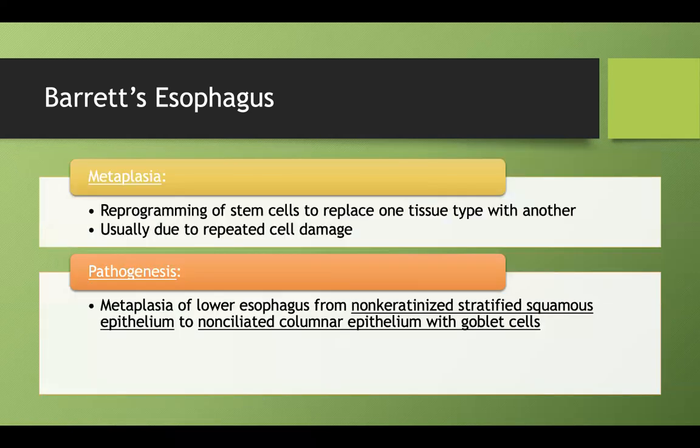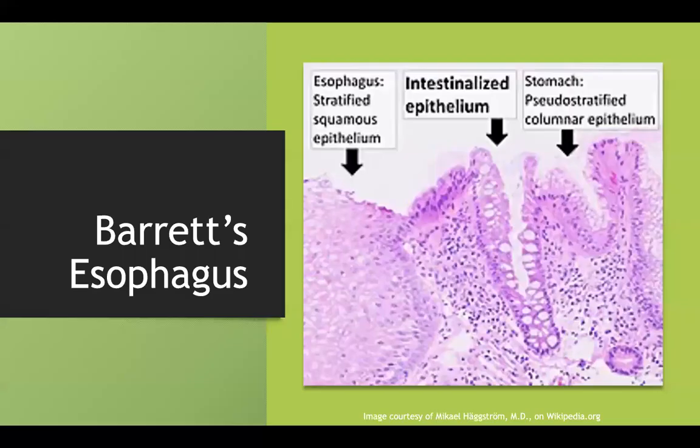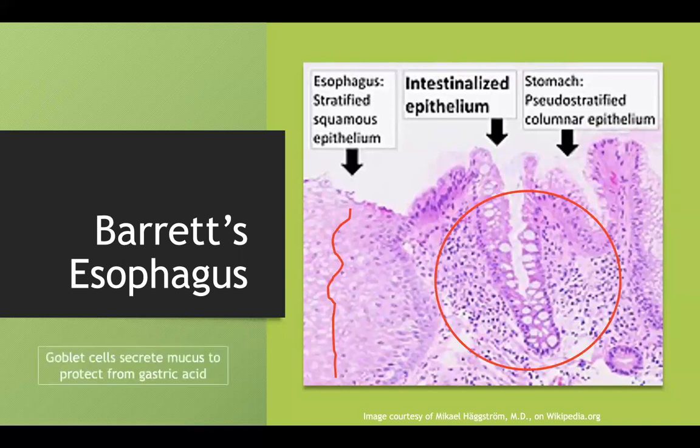Now, I just talked about how this is usually due to repeated cell damage. In this case, it's because of the repeated damage from all that gastric acid hitting it. Here's another picture of Barrett's esophagus. You have your stratified squamous on the left, and then you have your simple columnar on the right. Here you can see these goblet cells, which can protect us from acid.